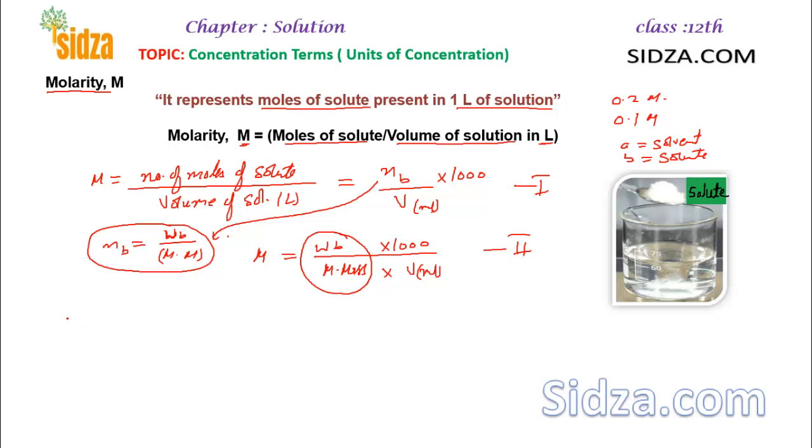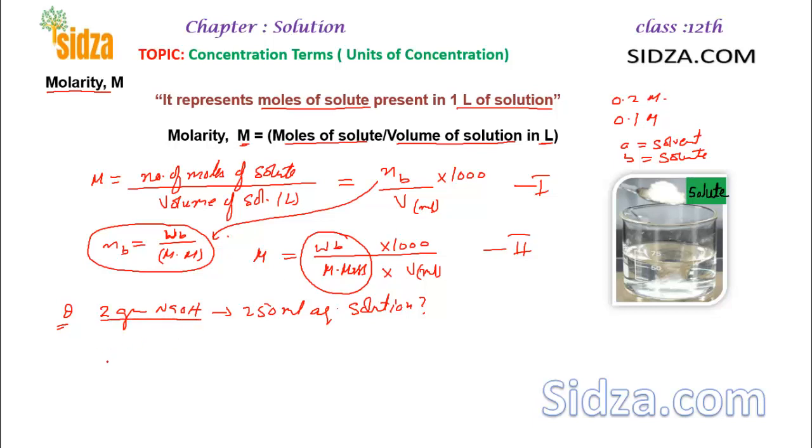For example, suppose 2 grams of sodium hydroxide are dissolved in 250 mLs of aqueous solution. What will be the molarity of the solution? I'm going to use the second equation because I have the solute in grams.